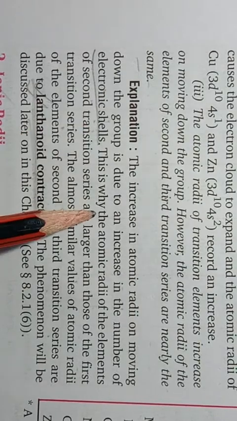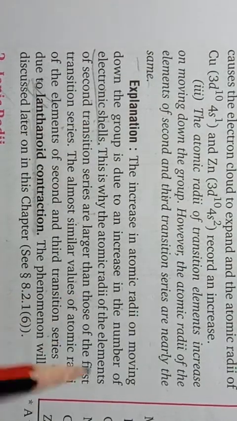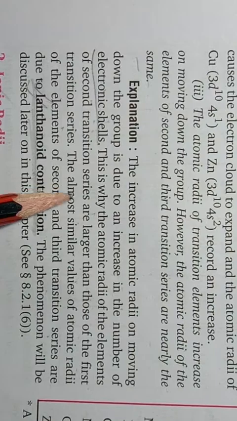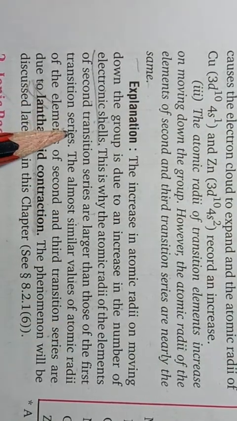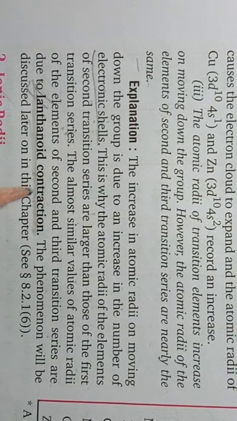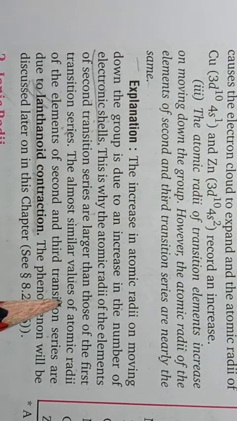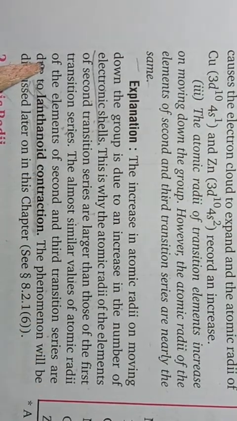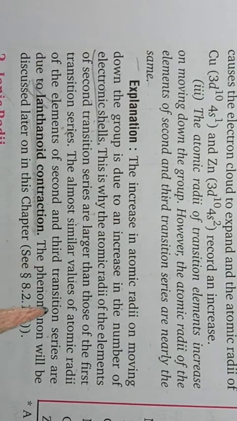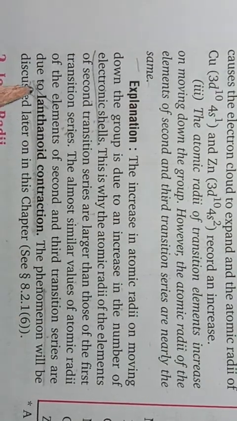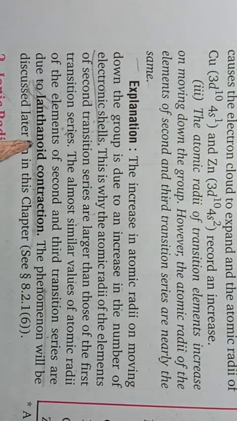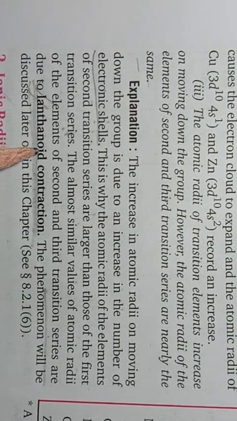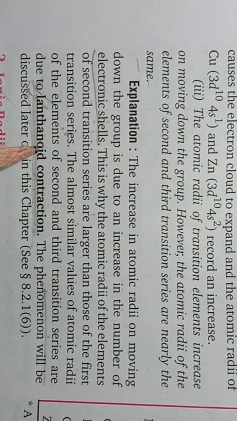This is why the atomic radii of the elements of the second transition series are larger than those of the first transition series. The second explanation, the almost similar atomic radii of the elements of the second and third series, is due to the Lanthanide contraction, which is due to the filling of 4f orbitals.